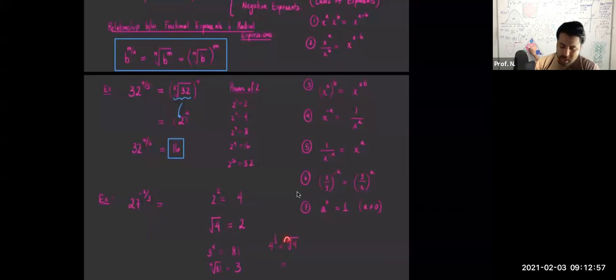That number that's right outside the radical symbol is called the index of the radical. It's the index. That tells you what kind of radical it is, or what kind of root it is.